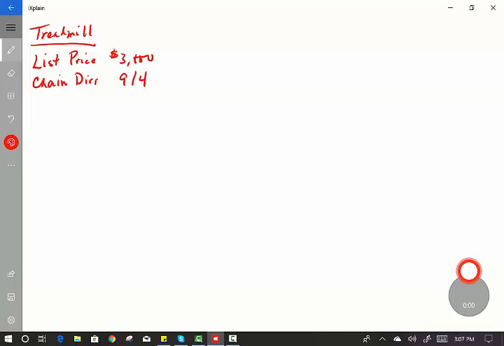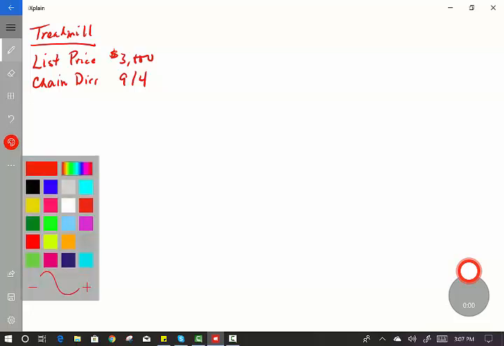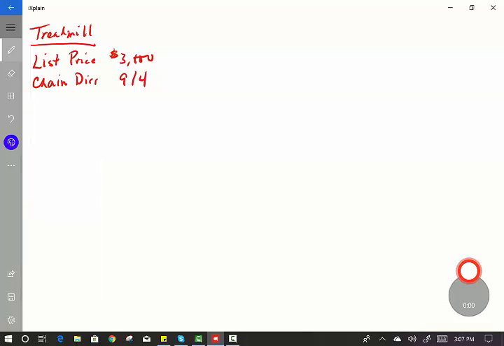Okay, so what I'm going to do is find the complement of the 9% and the 4%, so that's 0.91 times 0.96, and that's going to equal a net cost equivalent of 0.8736.